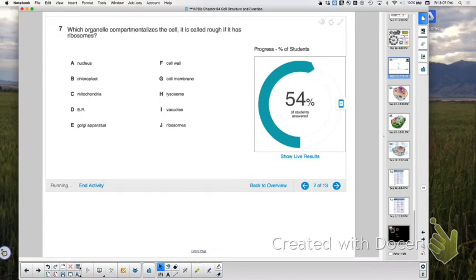And number 7. Oh, that's the bad one. What's the other one? Number 8. 9. Number 10.